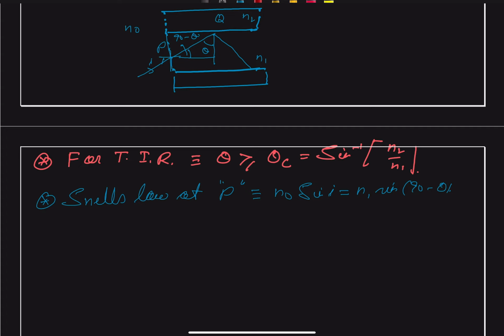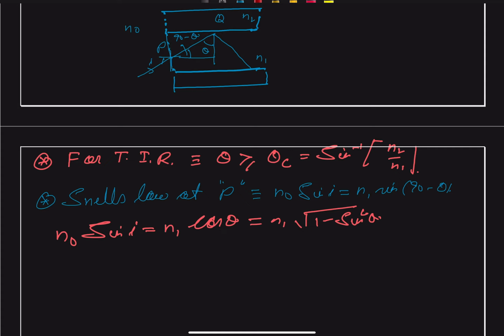Sine of 90 minus theta is cos theta, so we can write n0 sine i is equal to n1 cos theta, and cos theta we can write in terms of sine as square root of 1 minus sine square theta. And if the angle of incidence is maximum, that is i is equal to im, we are going to get that when theta is the minimum, that is theta is equal to theta c.